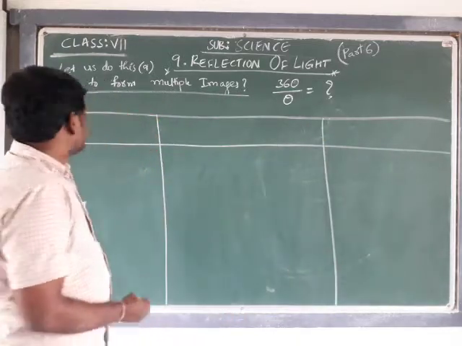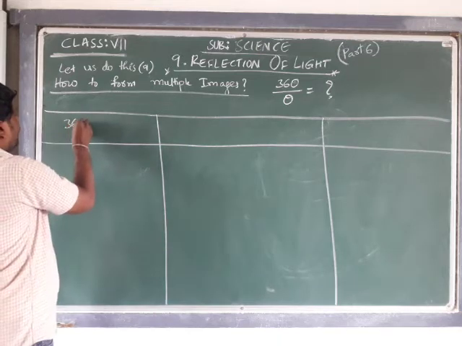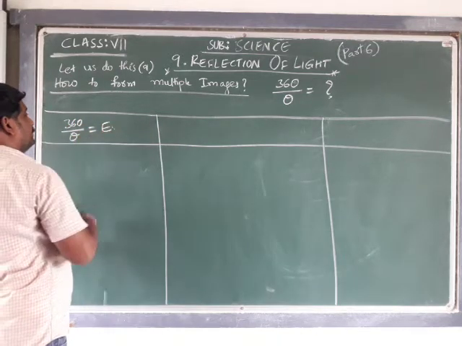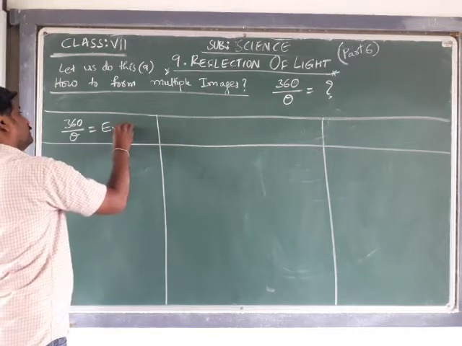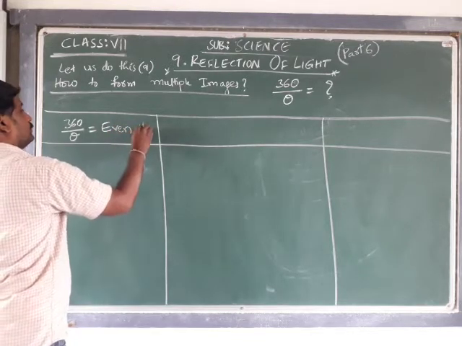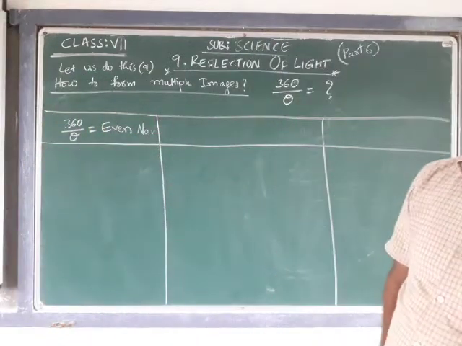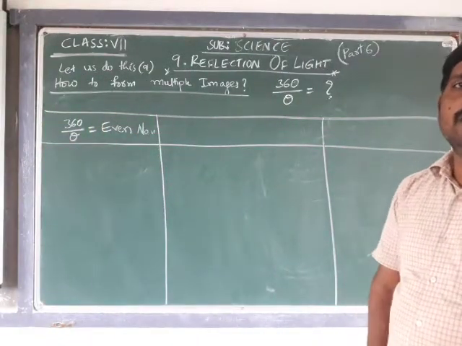In the first case, if 360 by theta is an even number, then how many images are going to form? That's what we are going to discuss.